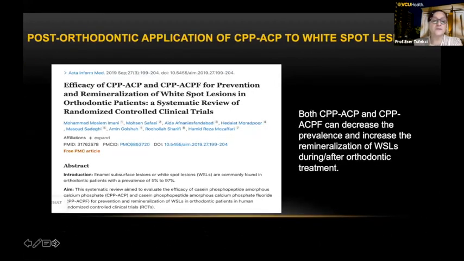A more recent systematic review of randomized controlled trials was published, and this is a 2019. And according to this one, the authors concluded that both CPP-ACP, the regular one or the one with fluoride, can decrease the prevalence and increase the remineralization of white spot lesions during and after orthodontic treatment.